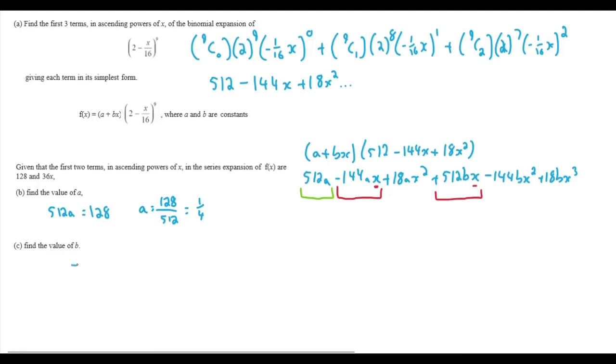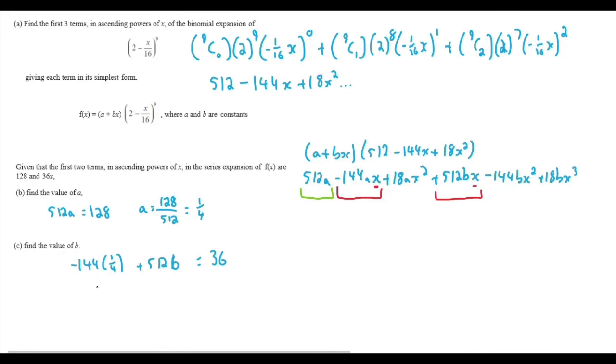Now that we know that a is a quarter, we can turn to the next bit. So minus 144 times a quarter x plus 512b x, we don't know what b is. This is going to be the same as 36x. Because these are all in terms of x, we can actually just ignore them. Just look at the coefficients.